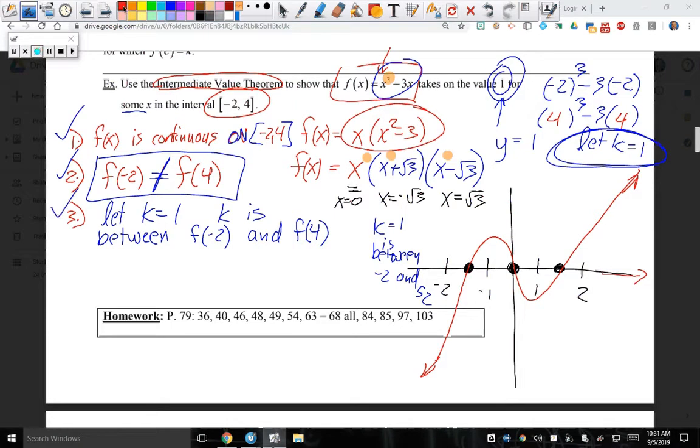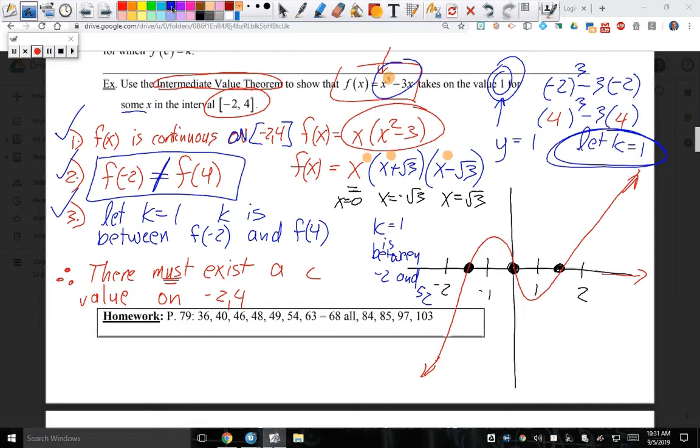Alright, here we go. So check. So therefore, there must exist a C value on -2 to 4, parentheses or brackets? Parentheses.